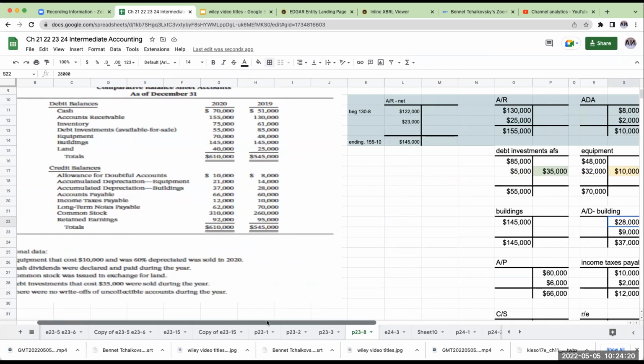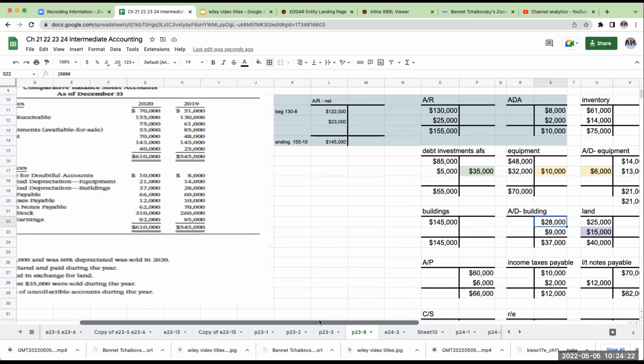Accumulated depreciation on equipment 14 to 21. Buildings 145, 145. Accumulated depreciation on the building was 28 to 37. Land went from 25 to 40. Accounts payable went from 60 to 66. Income taxes payable went from 10 to 12. Long-term notes payable went from 70 to 6.